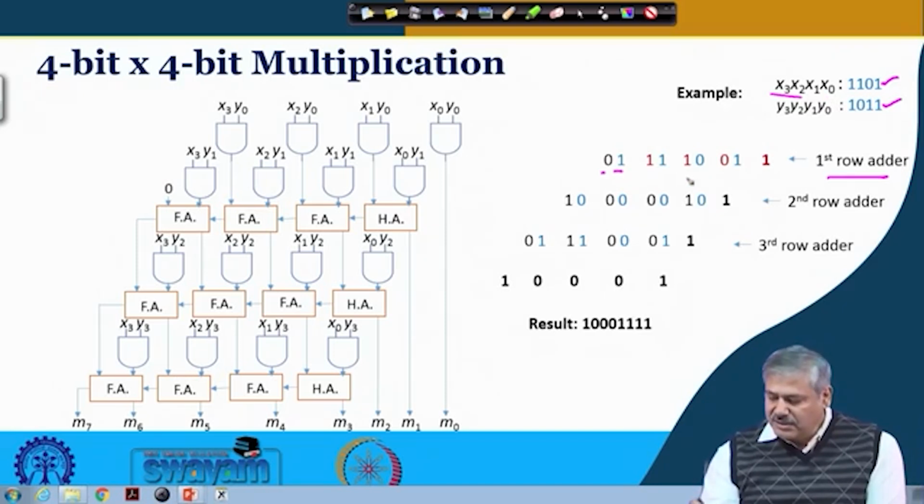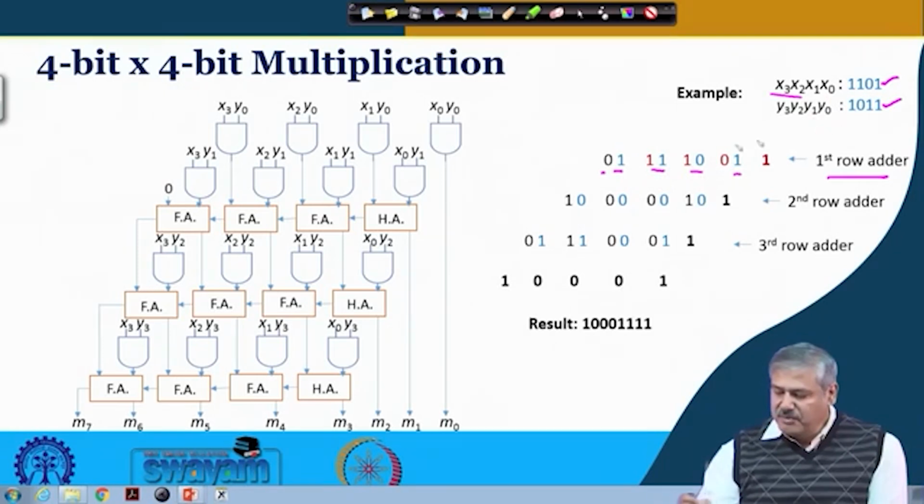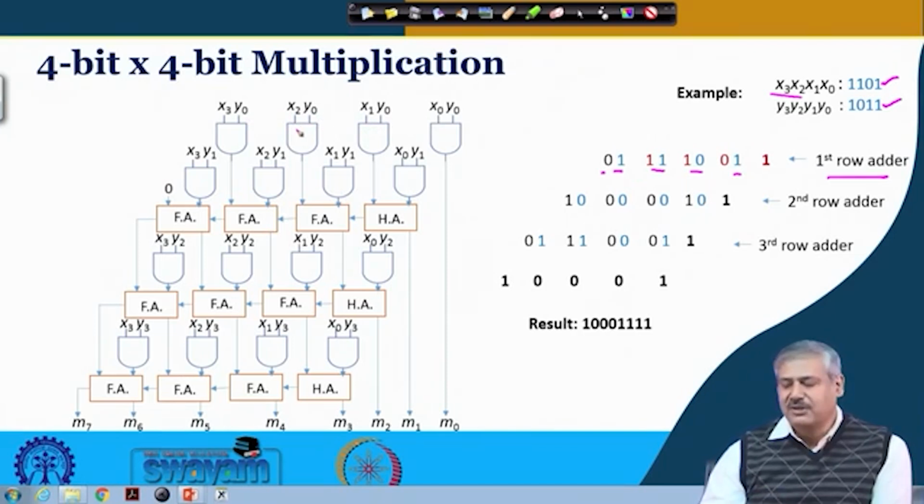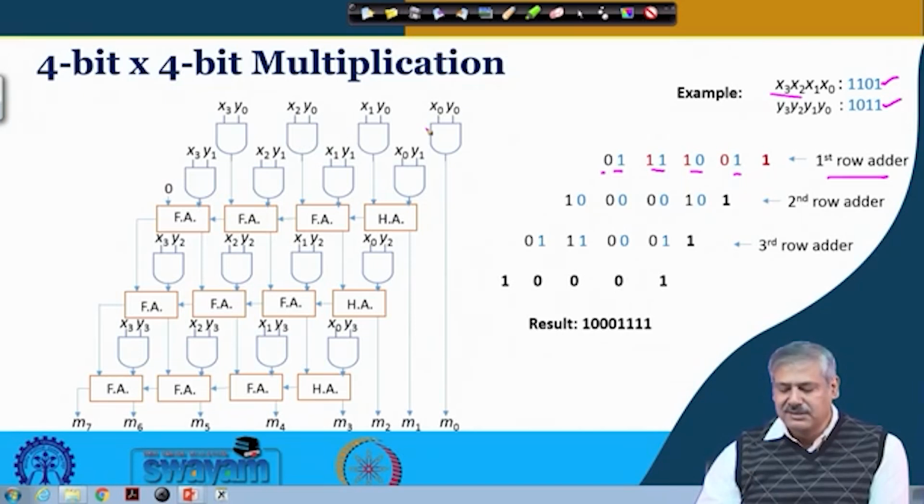So, this is 1 1 0 1 that you get, and the other input of this particular adder is x3 x2 x1 x0 ANDed with y0, which is 1. So, that is also giving you 1 1 0 1.